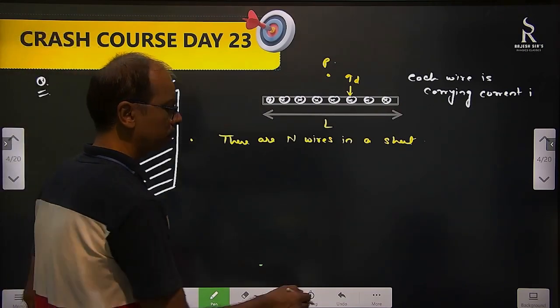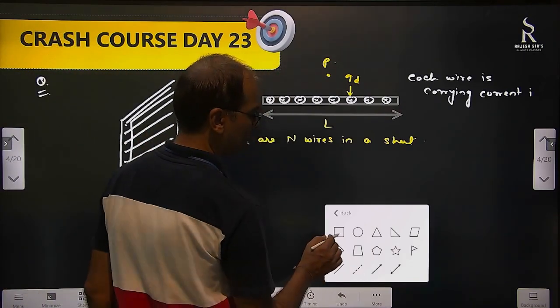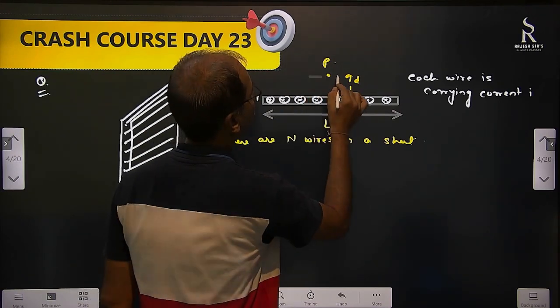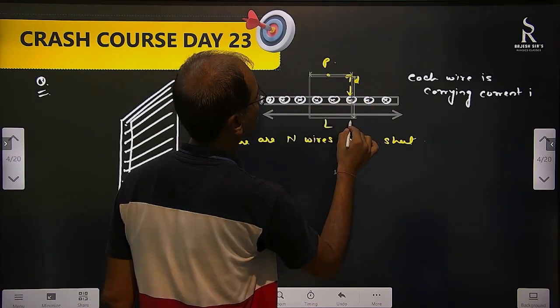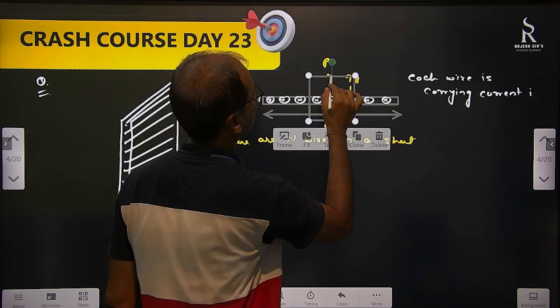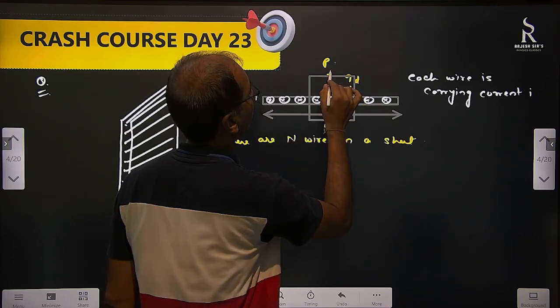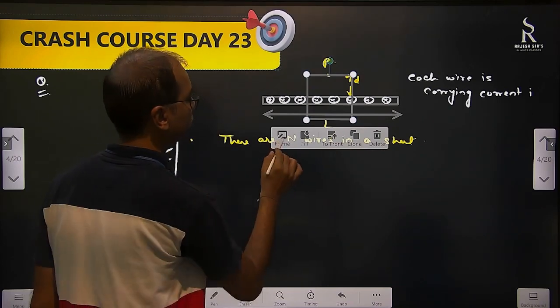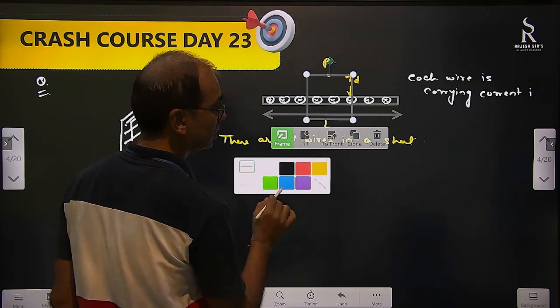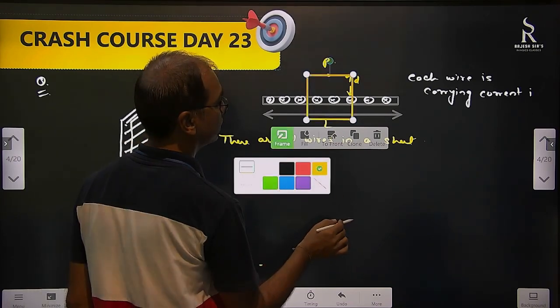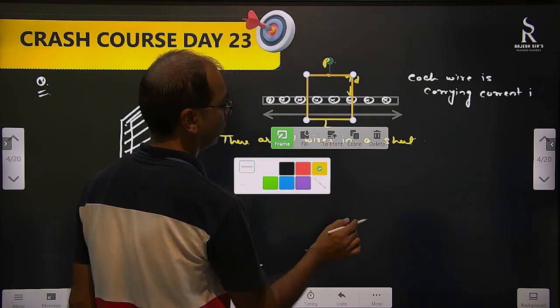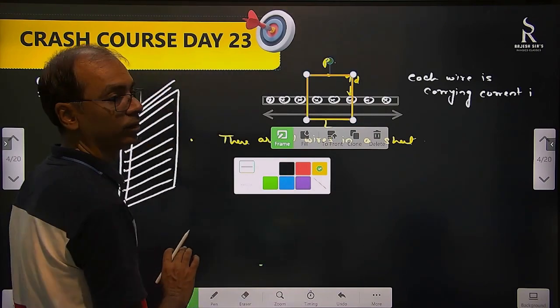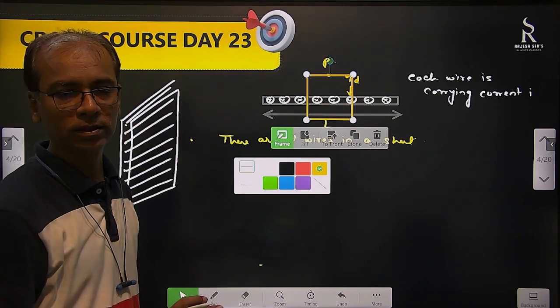Now what to do? Make an Ampere's loop. So here is the Ampere's loop which passes through this point. Something like this we have made. Now remember that this is not a solenoid. So if this is not a solenoid, its meaning is that here I am not going to consider field 0 on one side and non-zero on the other. In this one there will be field on both sides.